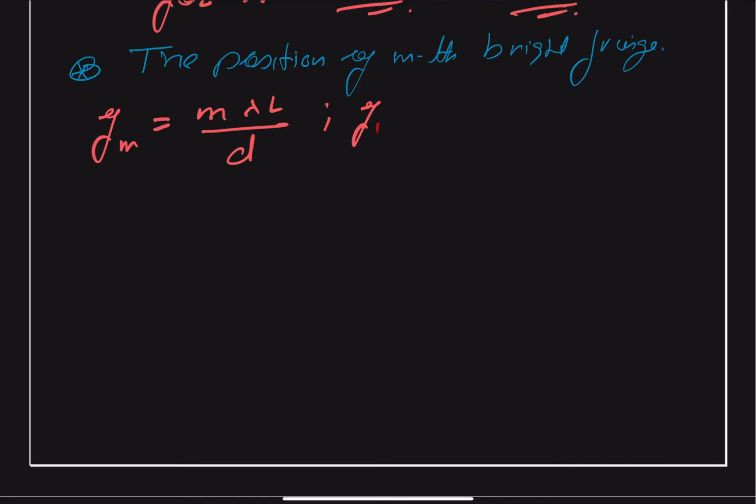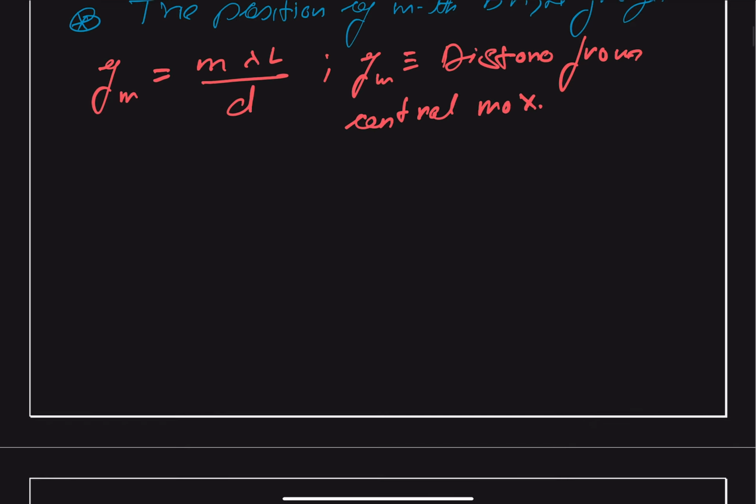Y of m is the distance from the central maxima, and m is the order of the fringe, lambda is the wavelength, and L is the distance to the screen. Sometimes in place of L, capital D is also written.